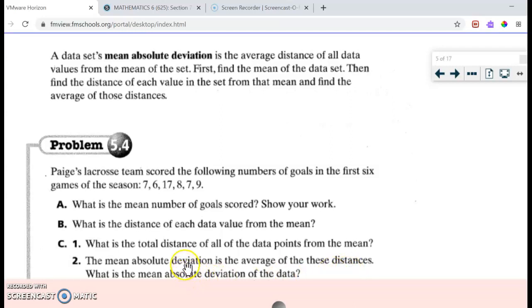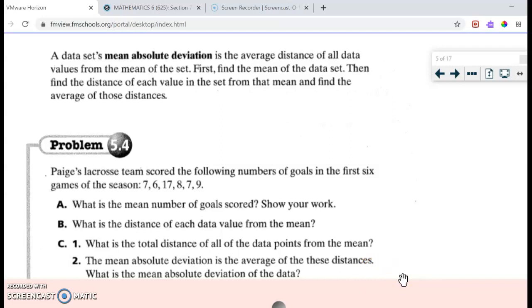So now we have to take the 16 and divide it by 6, because there were 6 in our data set. And that's going to give us a decimal, which should be 2.66. So the mean absolute deviation is 2.66, or if you round, 2.67.